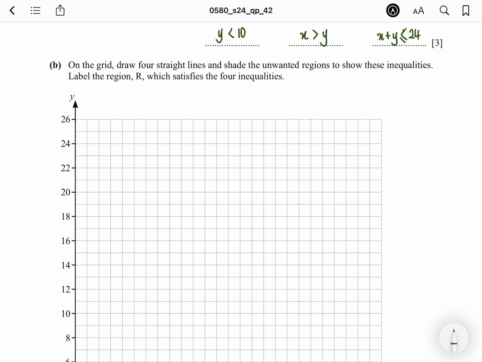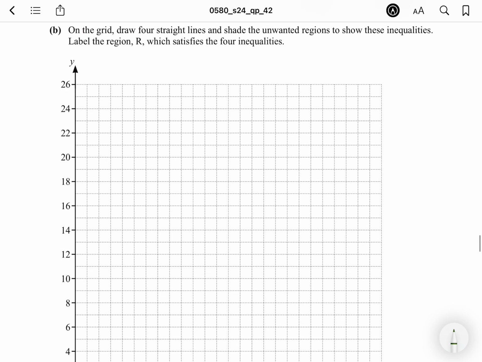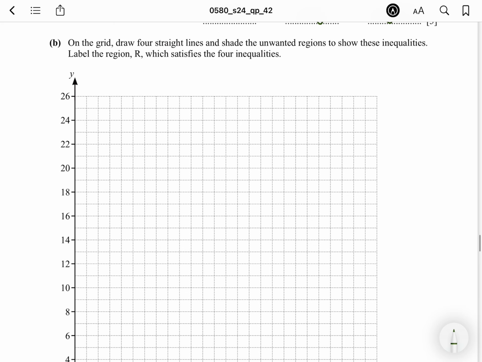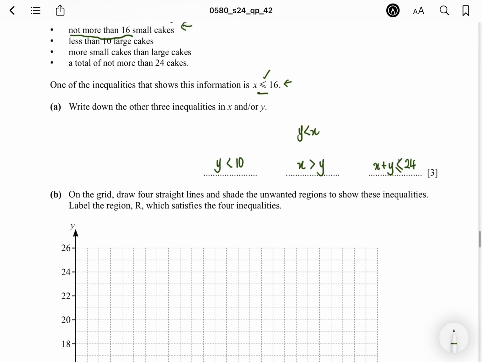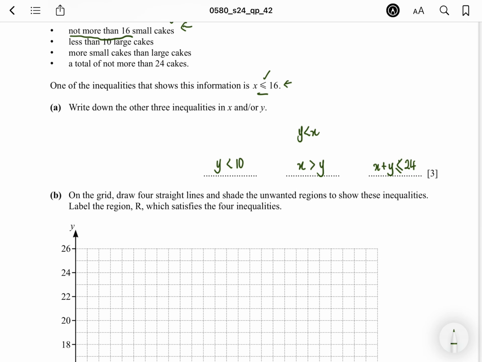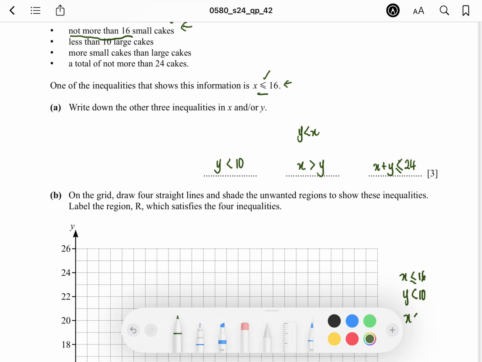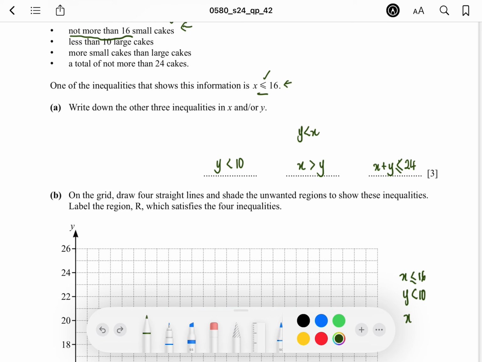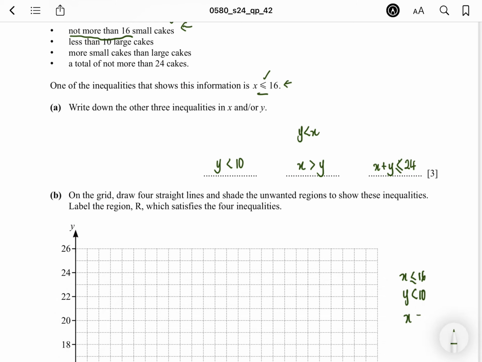Tapi ini just for the sake of learning ya saja. Kesannya memang dah masuk silibus kamu. So straight line apa dulu? Okay, let me just have all the lines first. Now, so with all the inequalities, how can you get straight line for them from these inequalities?